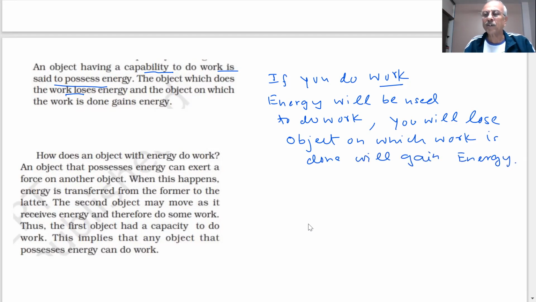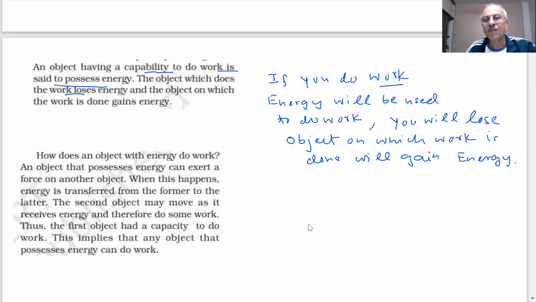The total energy will be constant. Nothing will be created. Energy cannot be created or destroyed. It can be transformed. It is going from one place to another, or one form to another form. Nothing is appearing or disappearing. Transformations are taking place. So one object loses, the other gains.